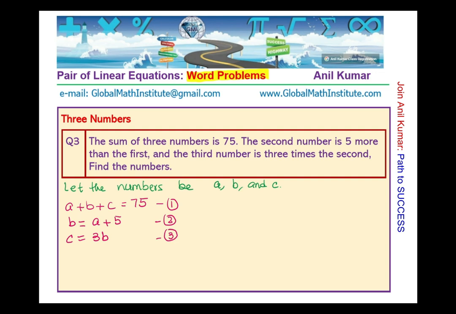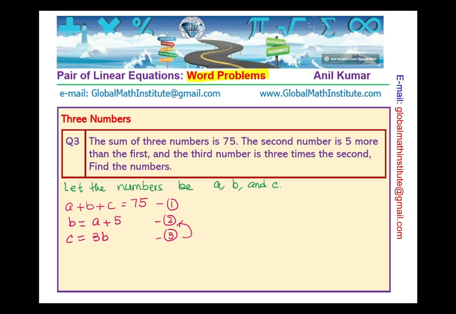Great. So since we know C is 3B, we can go backwards from 3 to 2 and find what B is. B is A plus 5, correct? Now, it's a good idea to write all these in terms of B. In that case, you'll have one unknown. You get the whole idea, right?